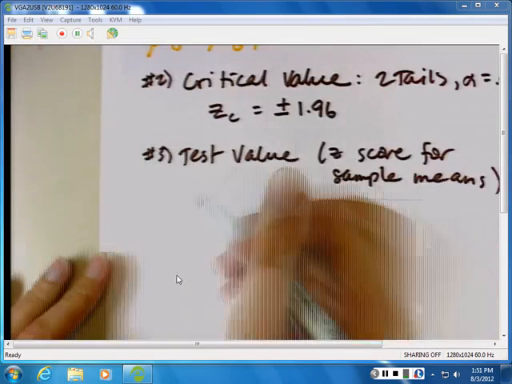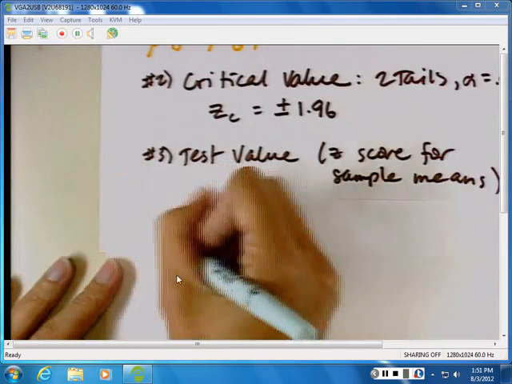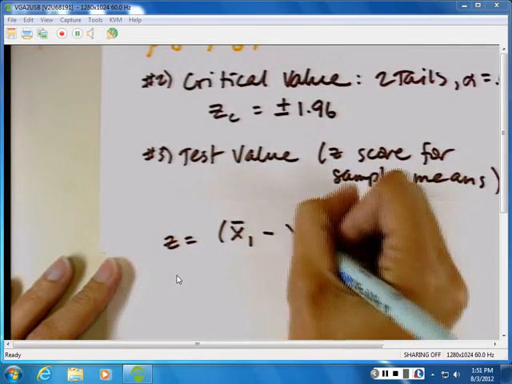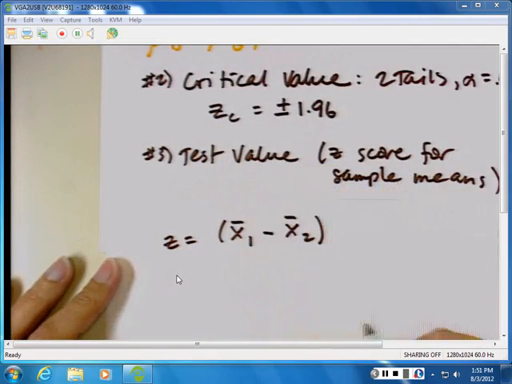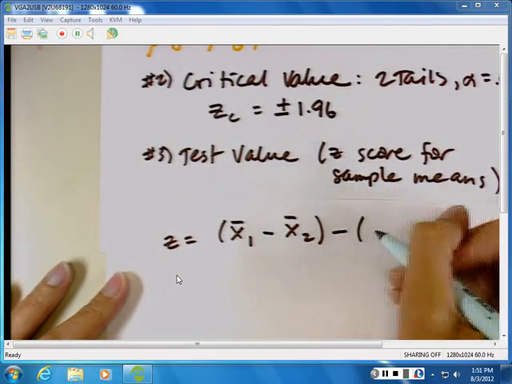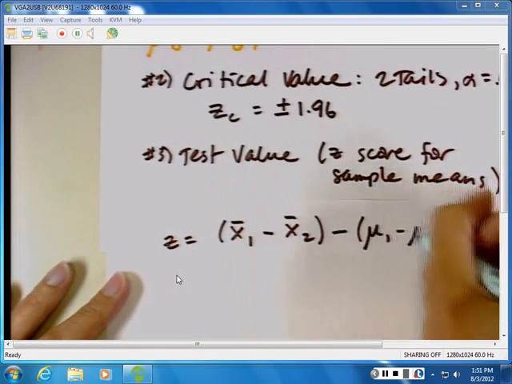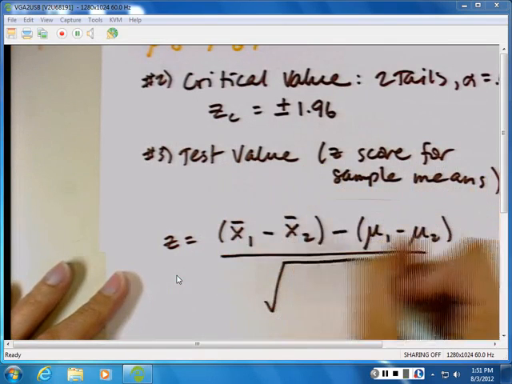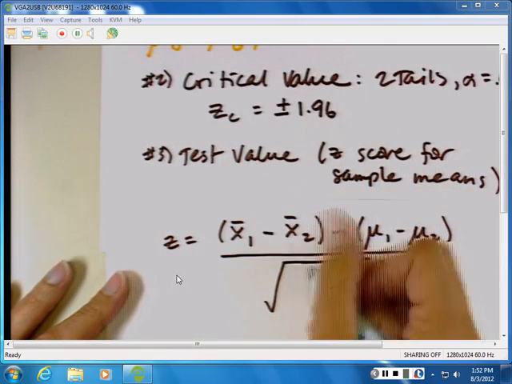So here's our formula. I'm going to write it down in general so I can break it down for you. X bar 1 minus x bar 2, in parentheses, this is the sample difference minus the hypothesized difference, mu1 minus mu2, all divided by this altered standard deviation. And it's altered for the sample sizes.